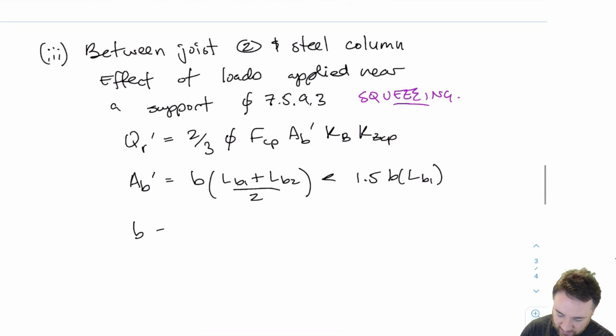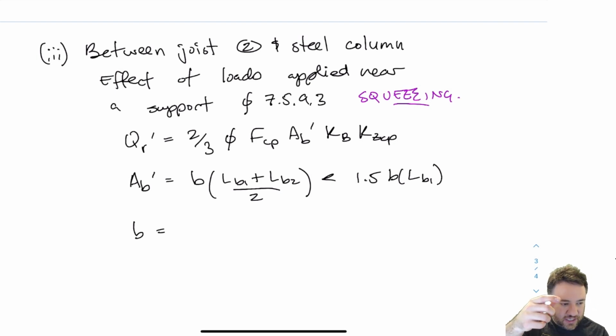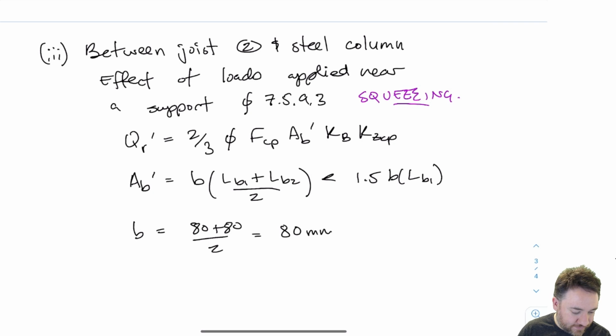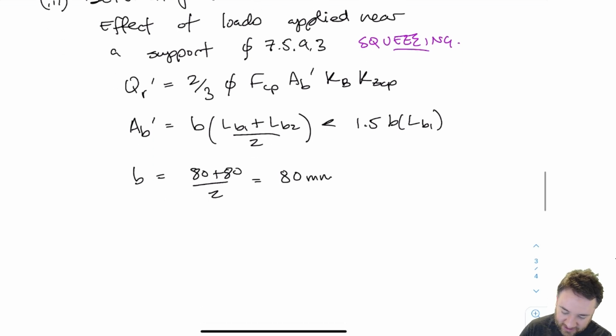So here our B is, remember our B on the top was 80, our B on the bottom was 80, that's our bearing width, because both of them are on the full width of the beam. So I have 80 plus 80 over 2, which transparently is equal to 80. No need really even to do that calculation.